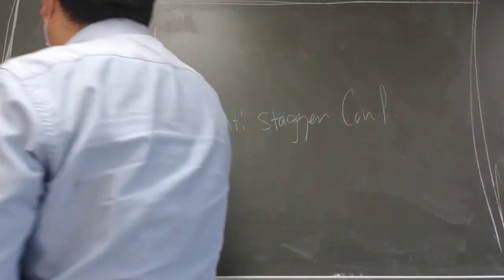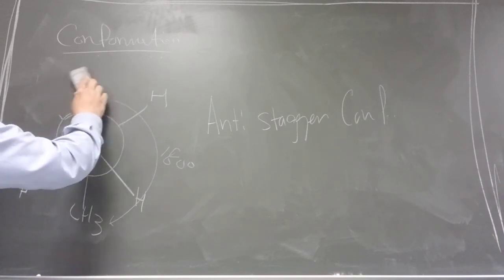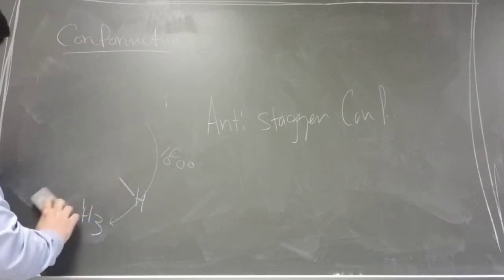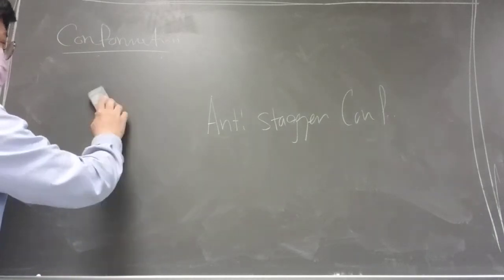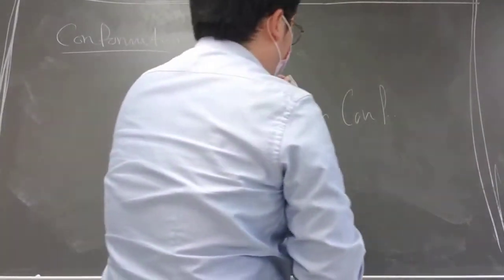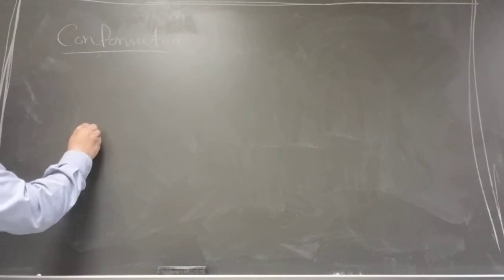Whenever you rotate this one, there is the eclipsed version of this one. And the worst scenario will be this one, right?